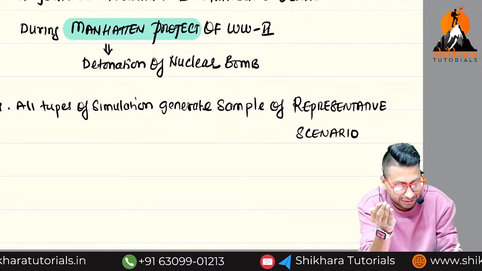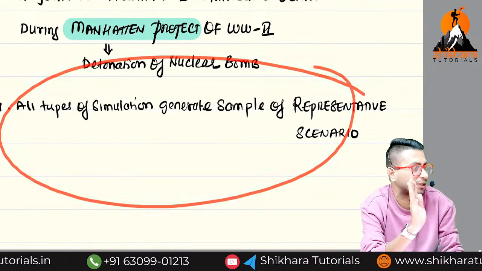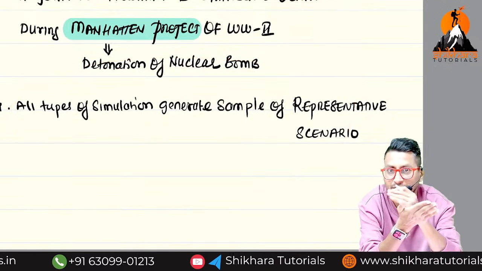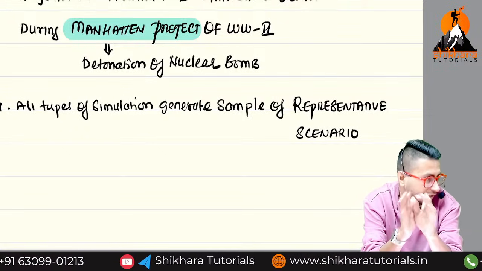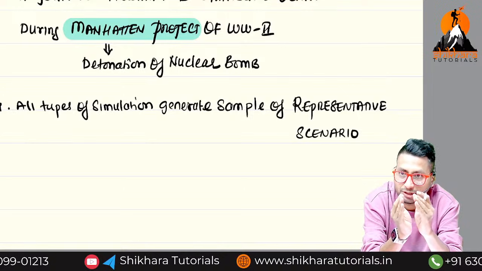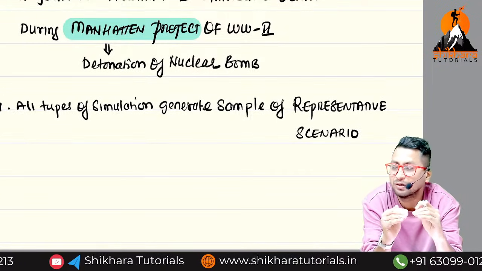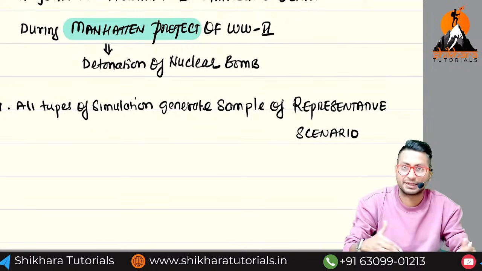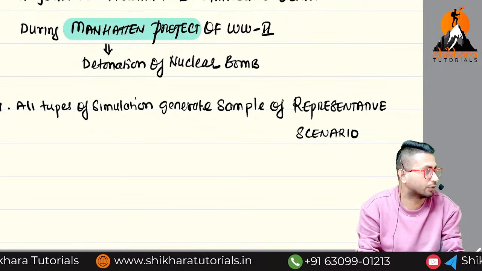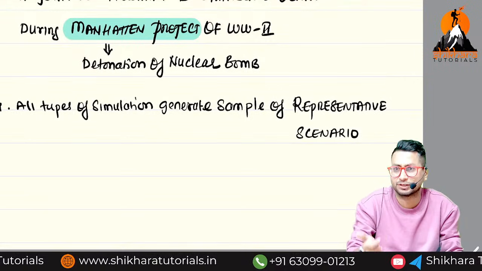In the same way, entire data will not be simulated by simulation software. I repeat, simulation software will not simulate the entire data. It will only simulate a certain sample of data and tell me what might happen, what might not happen. So is it practically possible to simulate everything? No. So that is why representative scenario.